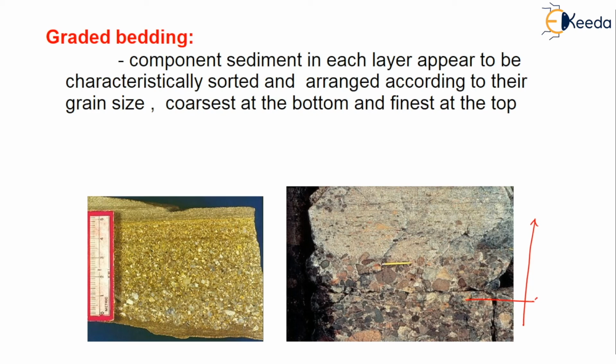The coarsest is at the bottom and the finest is at the top. Also, it results from sedimentation in standing water by gravitational settling, or subaqueous landslides or submarine earthquakes.